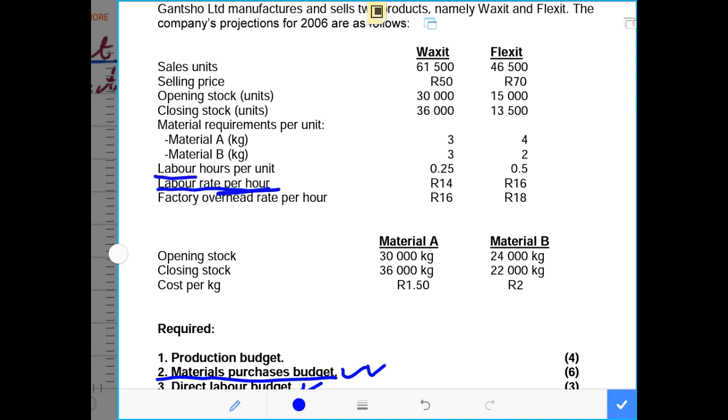And we are given the labor hours per unit, which is 0.25 and 0.5. That means we first need to know how many hours in total are needed to manufacture 45,000 units, and how many hours are needed to manufacture the 67,500 units.